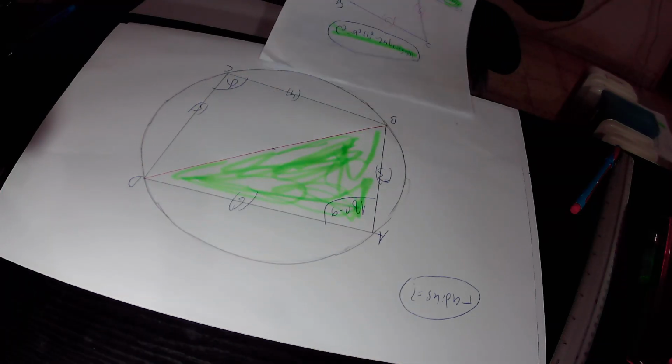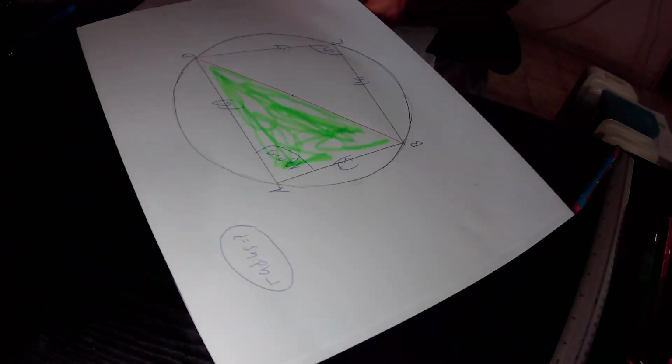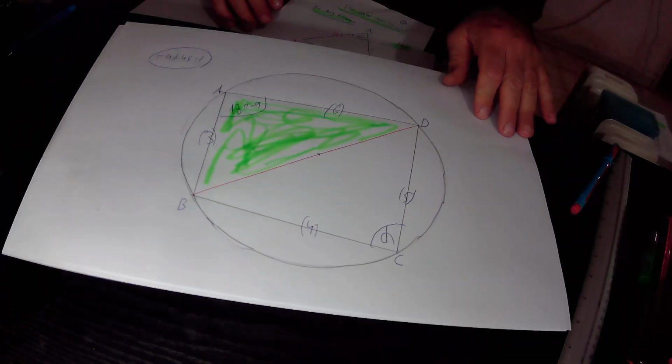So the first step, we will apply the law of cosines in this triangle BAD.